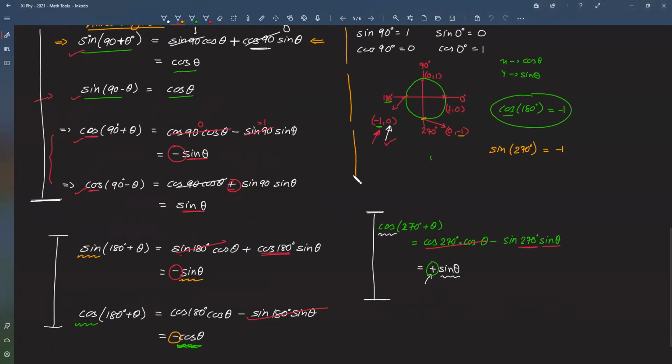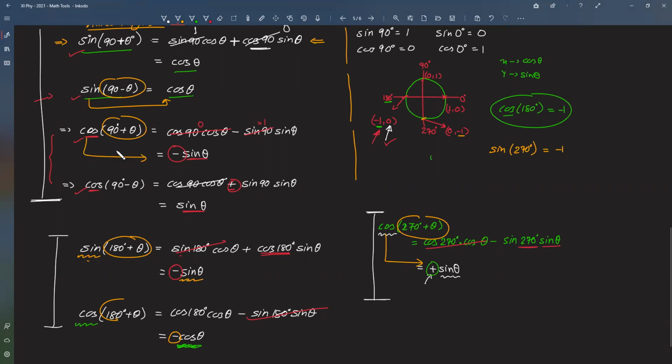With 90 plus theta, sine changes to cos. Here, cos has changed to sine. When it is 90 minus theta or 90 plus theta, or when it is 270 plus theta, even in that case. But if it is 180 plus theta or 180 minus theta, it doesn't matter.